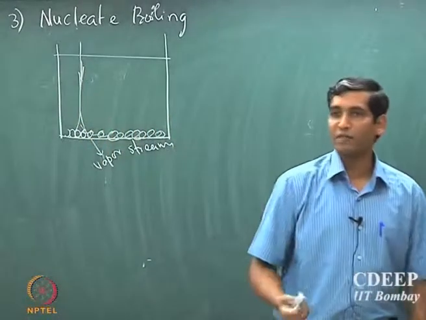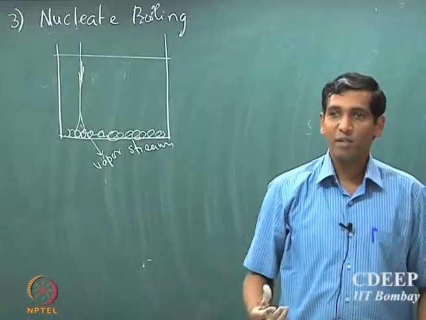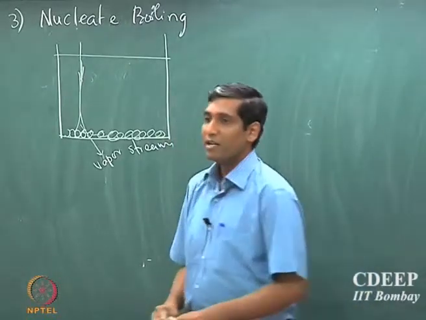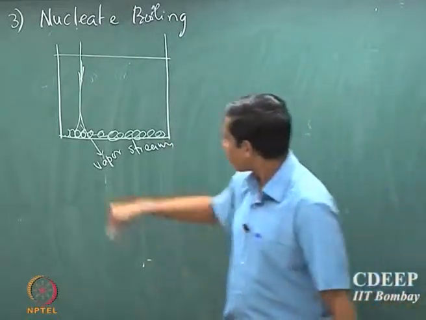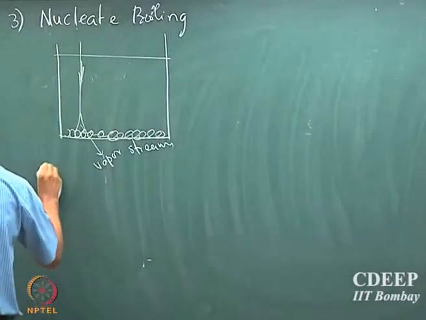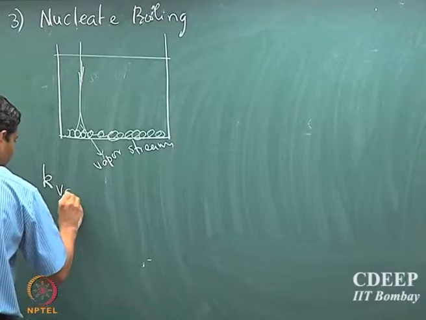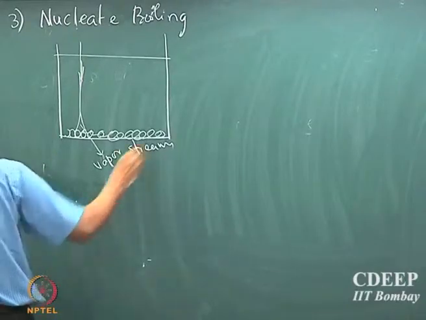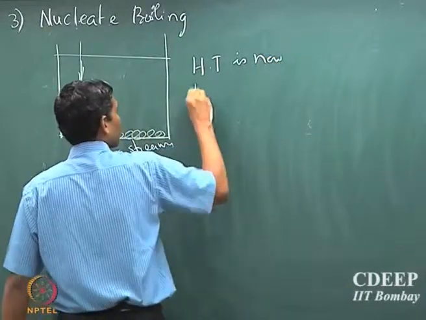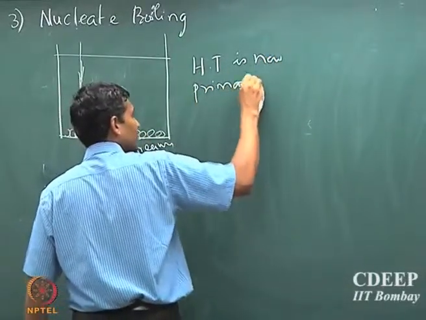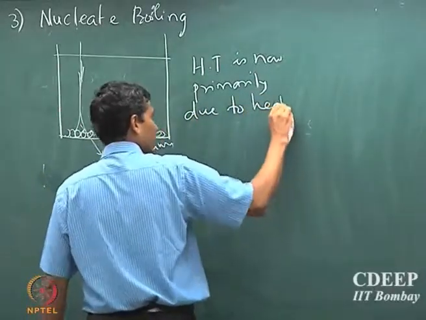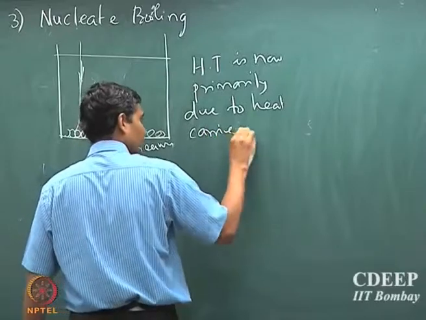You will start seeing vapor streams going together. A channel of vapor is created, and so the heat transport is now because of the heat carried by the vapor phase. So there will be a change in the dominant mode of heat transport. Heat transport is now primarily due to heat carried by the vapor.